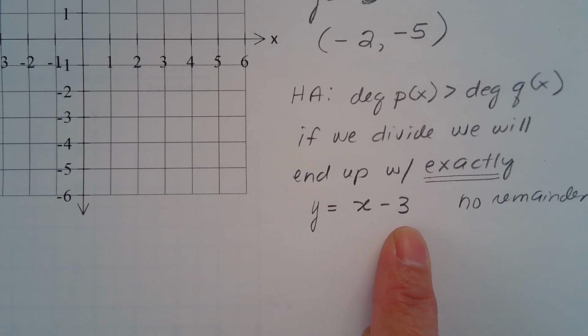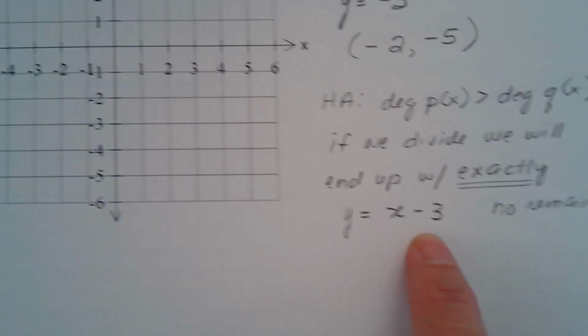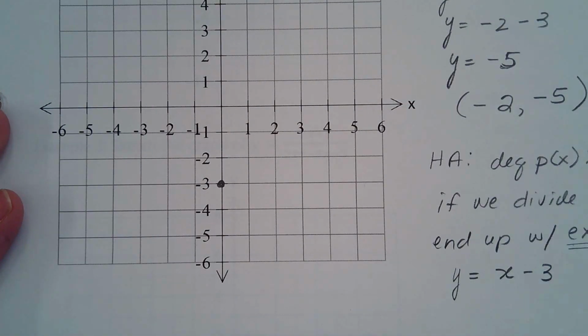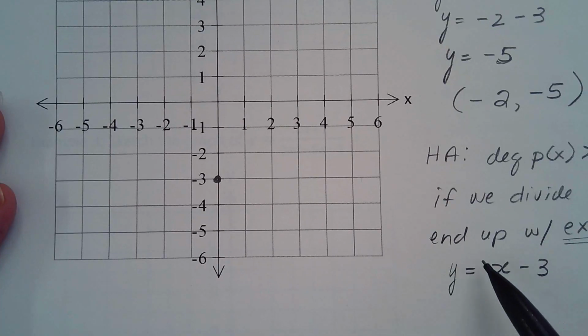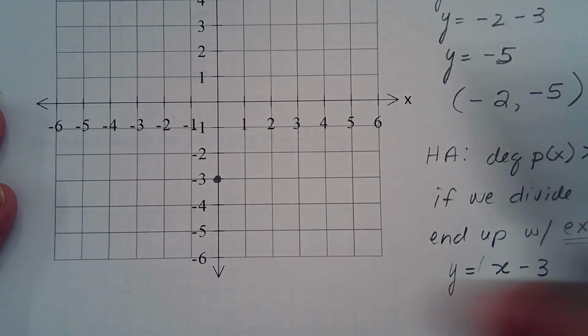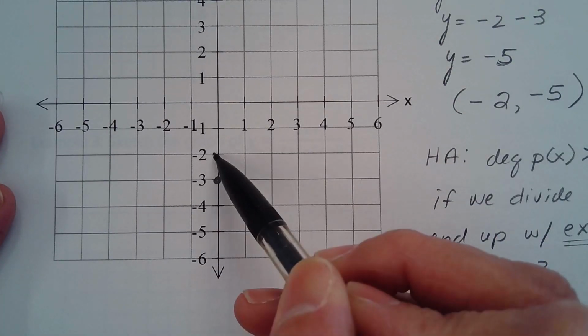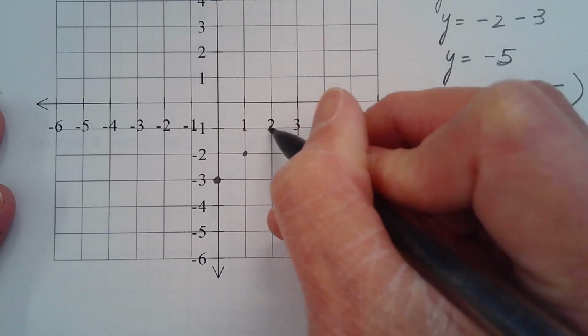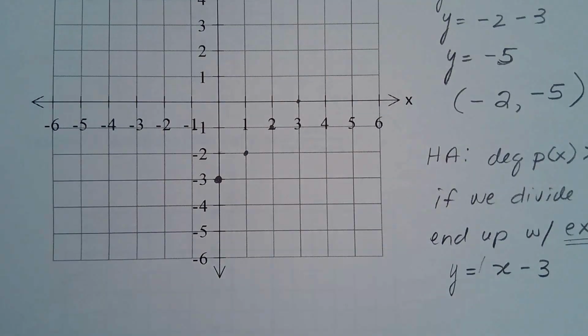How do we graph y equals x minus 3? Minus 3 is your y-intercept. This is like the grade 10 topic. And then the slope is 1. So from the y-intercept you go up 1, right 1, up 1, right 1, and so on.